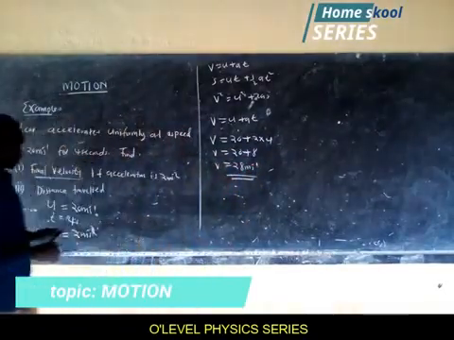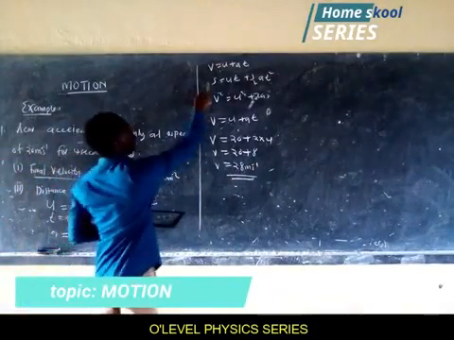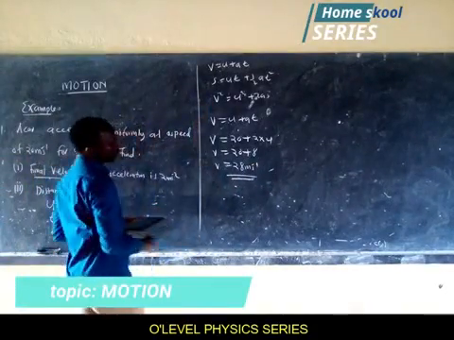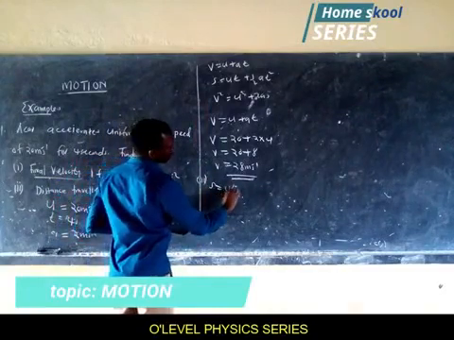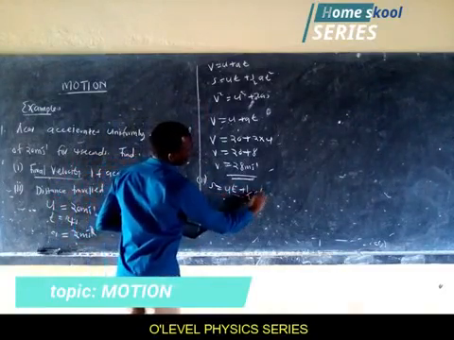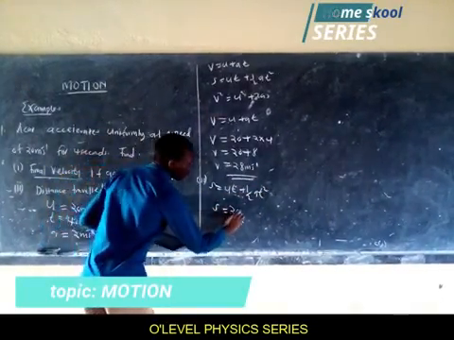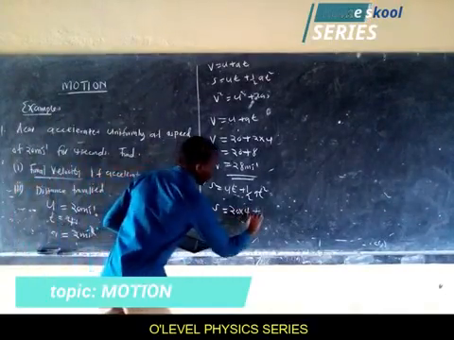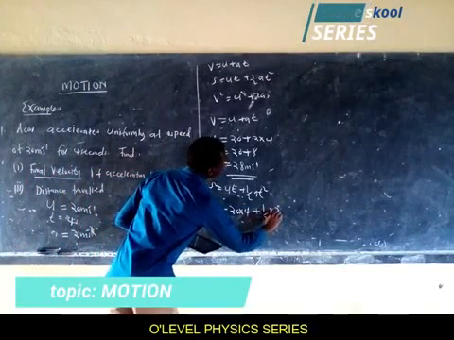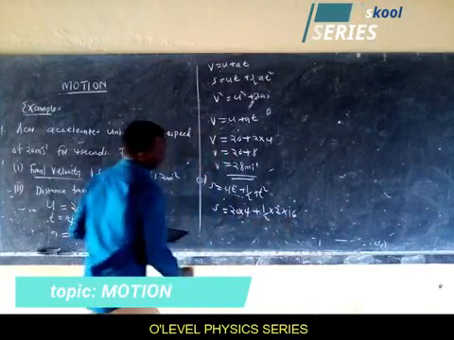And then secondly, they say find the distance traveled. You can find the distance traveled using either the second equation or the third equation. Using the second equation, which says s equals ut plus a half at squared, my distance traveled becomes: u is 20, time is 4, plus a half, acceleration is 2, times time 4 squared, that is 16.